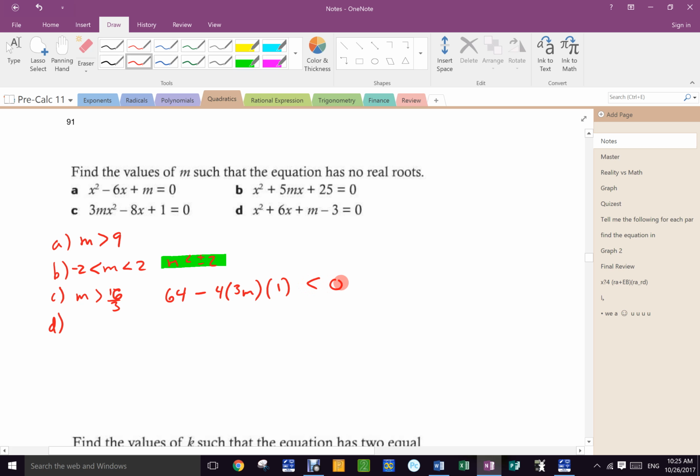So that 64 minus 12M has to be less than 0, yes? Negative 12M has to be less than negative 64, yes? Divide by negative 12, yes? Once I divide by negative 12, what do I got to do to the sign? Flip it. So it becomes M, and 2 negatives make a positive, 64/12, which is indeed 16/3.